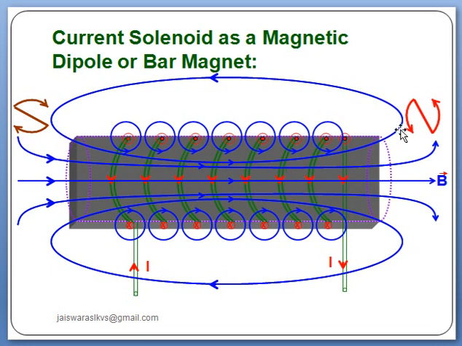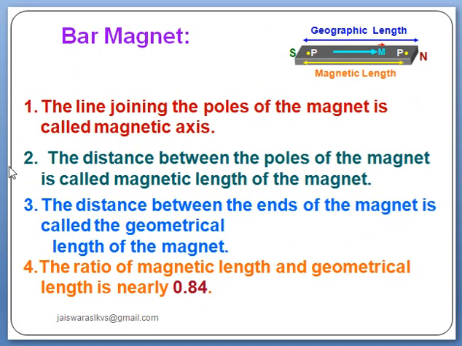Here both the poles are created, so it is just like the poles of a bar magnet. Hence we can say that a current carrying solenoid also behaves like a bar magnet. Let us see something about the bar magnet.